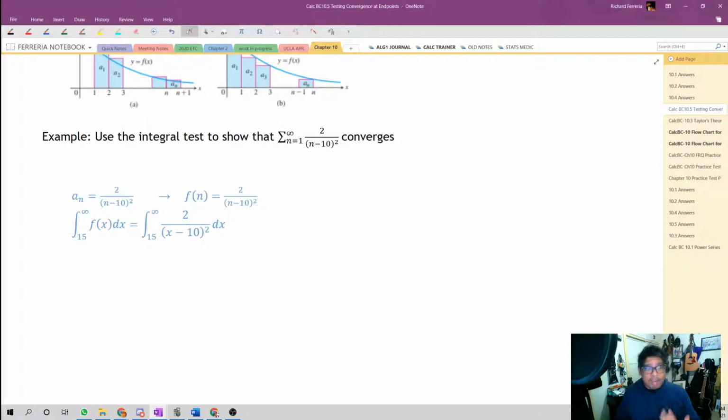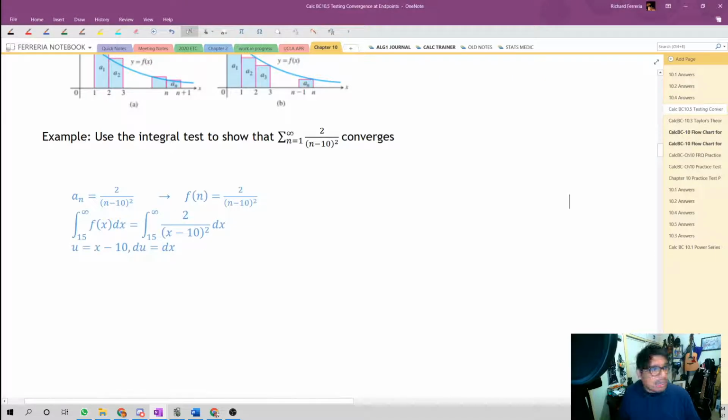Now this is an improper integral, so we're going to need to replace that upper limit with a dummy variable, which is usually b. And looking at strategies for integration here, probably what we're going to want to do is make a u substitution with that denominator.